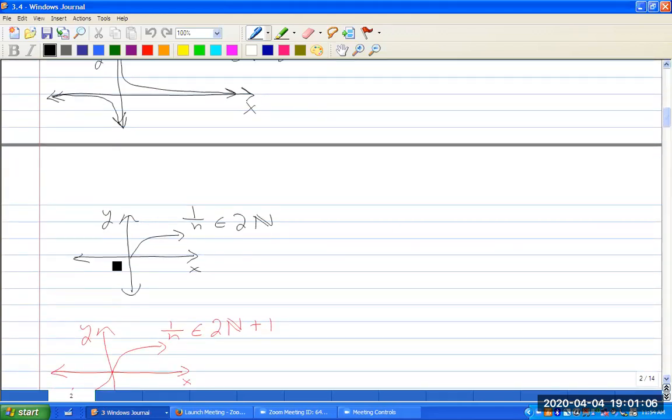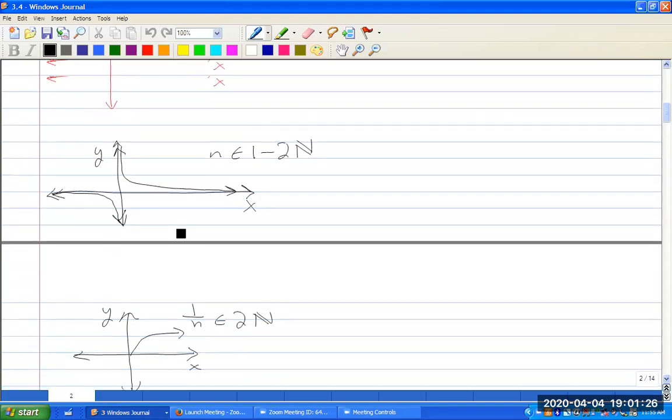Next, suppose we look at the nth root of x. And so if n is even, then it looks something like this. It looks like a square root.